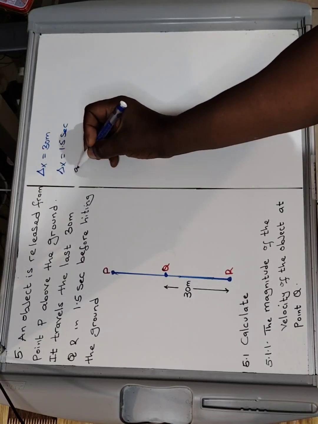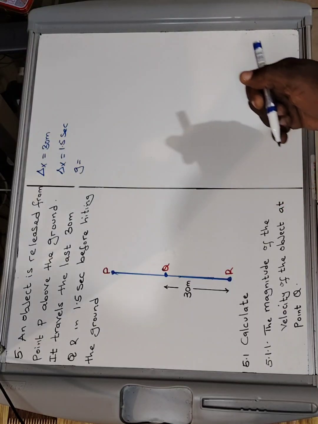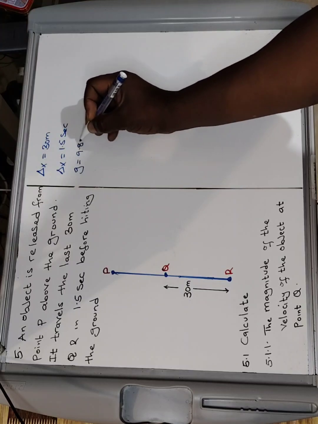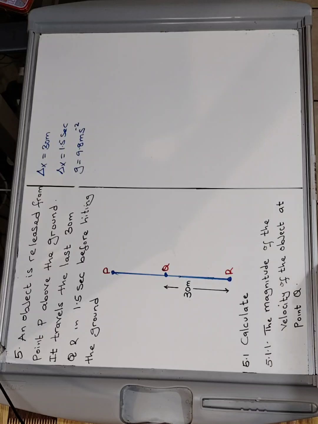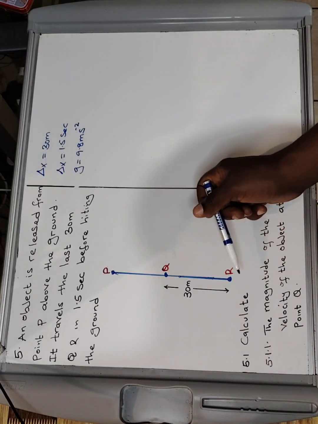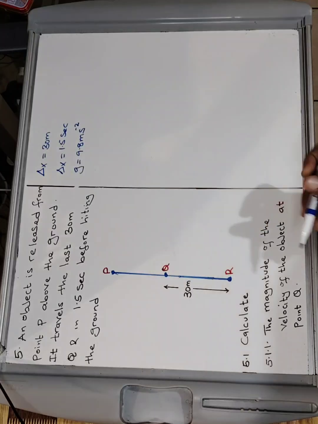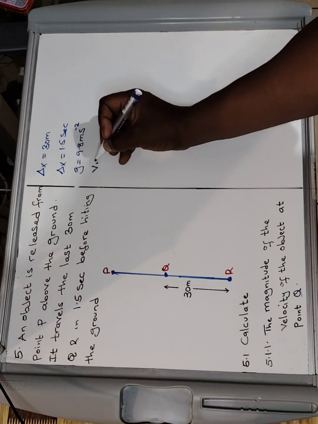We also know g. The object is going downwards, so g is positive and is 9.8 meters per second squared. What else do we have? Now we are looking at the velocity. So when you look at this journey from Q to R, Q happens to be our initial point. So the velocity at Q, which we are looking for, is going to be the initial velocity.